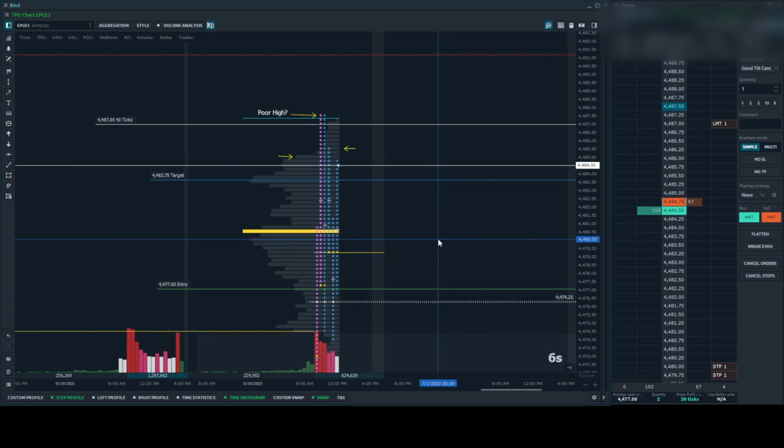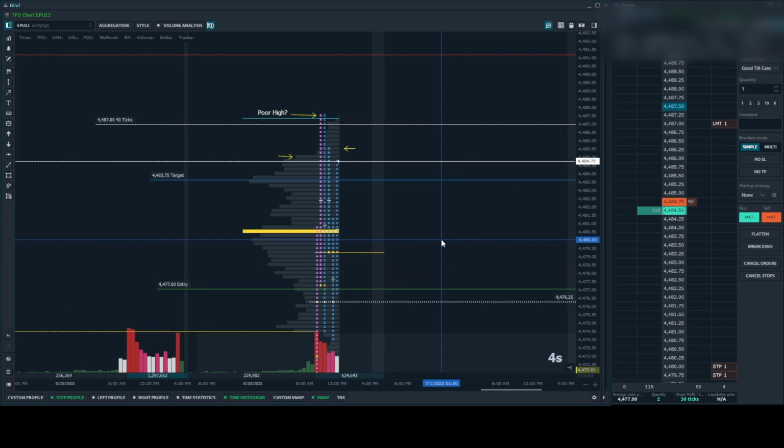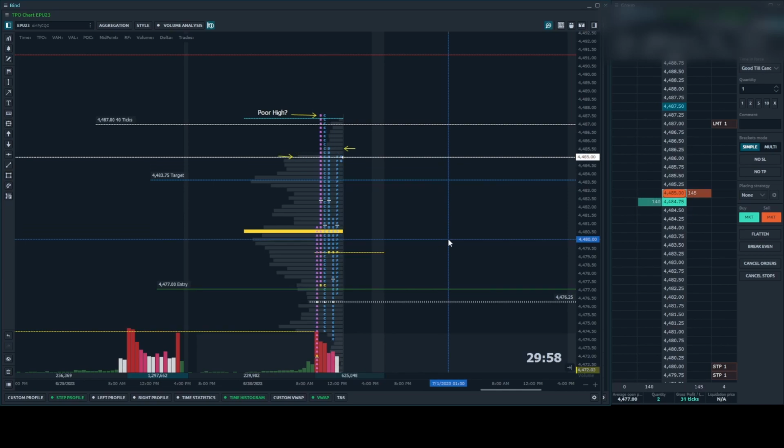So each one of these levels, we're just watching, making sure it has the same rhythm, the same movement. And we got the G period open.